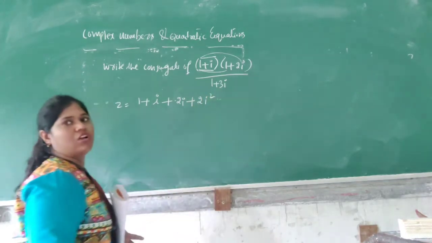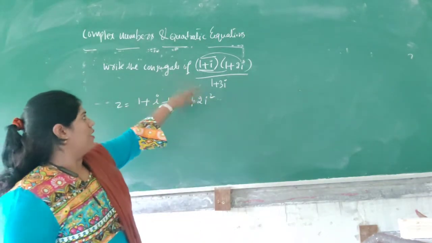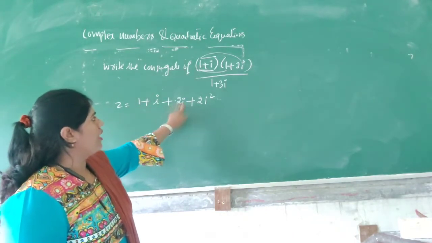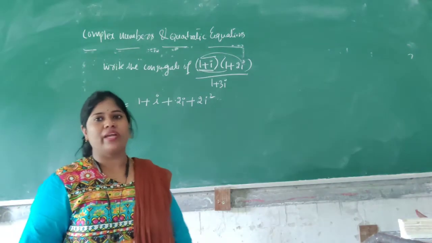Correct, no? So 1 into 1 is 1, plus i, plus 2i, plus 2i square.